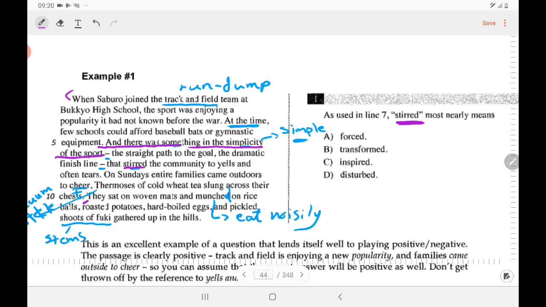The sport was enjoying a popularity it had not known before the war, and there was something special that made it so popular. It's the simplicity, the straight path to the goal. It was easy to follow, the dramatic, exciting finish line. That stirred the community, the fans, excited the fans to screams and tears. This is my context. Do you think it's a positive context or a negative context?